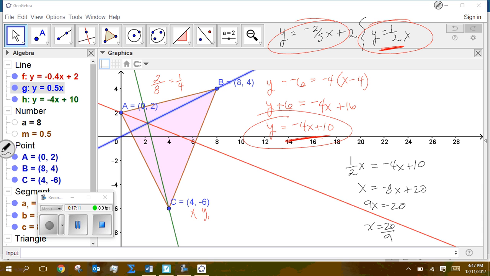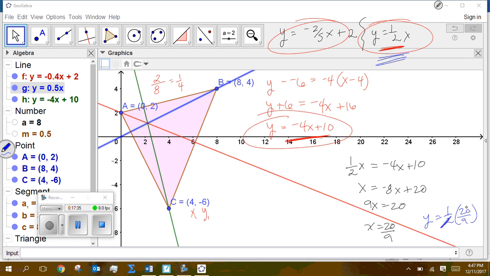But now we do have the ability to plug that 20/9 back into this equation up here to find my y. You can plug back into any one of these equations, I just think it's probably easier to plug into this one. So y equals half of whatever x was. Well, x was 20/9.